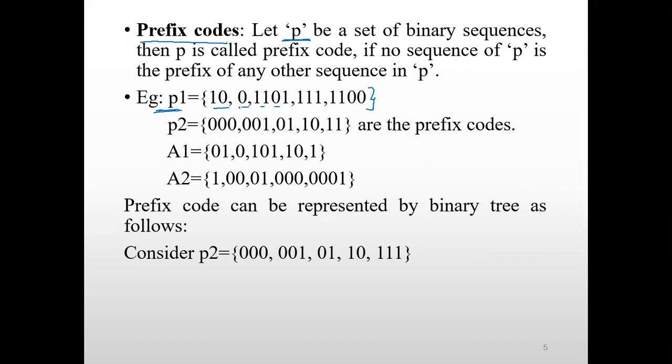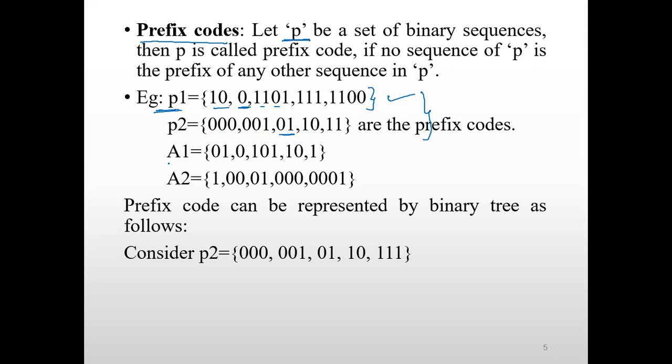For example, if we consider the sequence 0, so here 0 is not a starting element of any of the sequences. Hence, P1 can be considered as a prefix code. Again, if we consider 0, 1, 0, 1 is not a starting element of any of the sequences present in the given prefix code. Hence, these two can be considered as a prefix code.